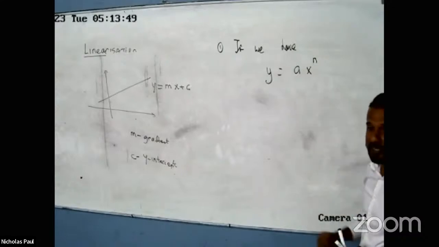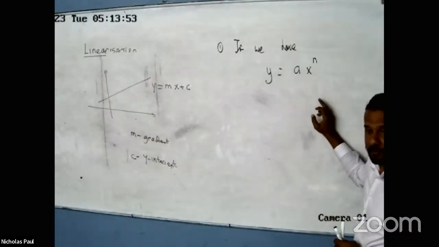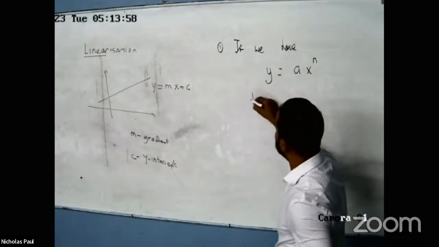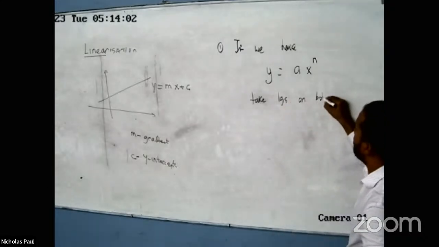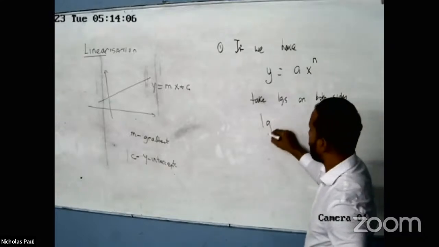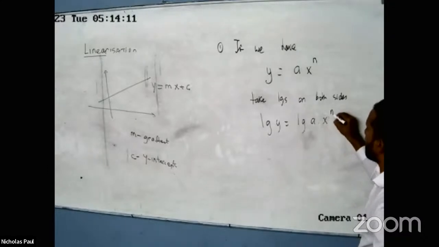Suppose now I wanted to linearize this. So I want it in the form y is mx plus c, right? What you do is you will take logs on both sides. So you will say log y is equal to log of a times x to the power of n.